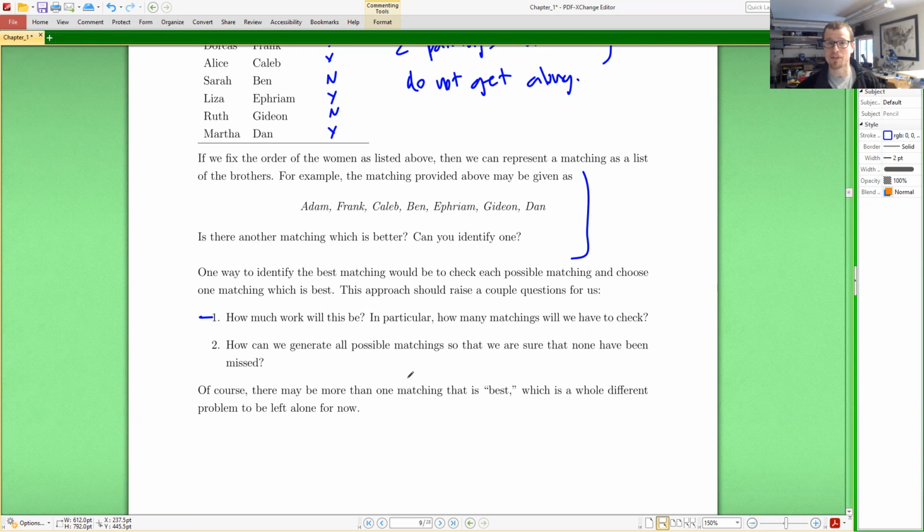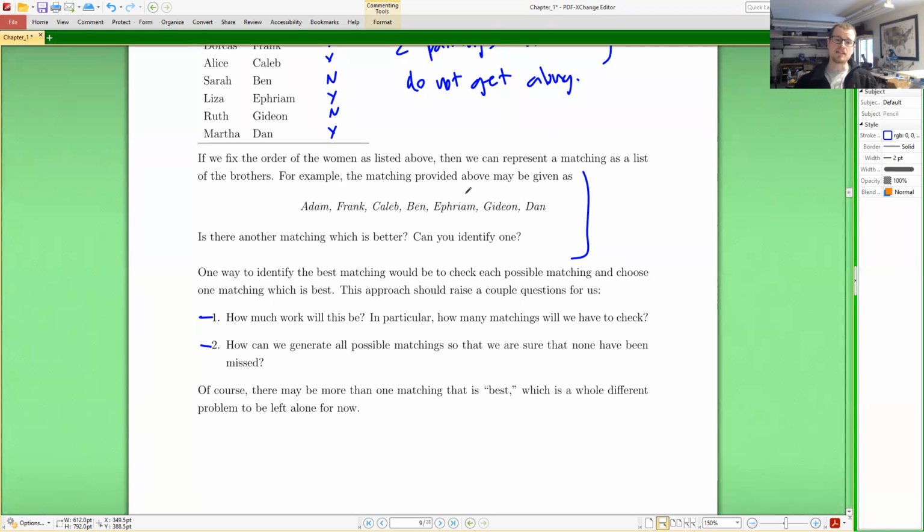It's 7 people. That's a lot of people. Or 14 people that I'm pairing, 7 pairings. And then how can we generate all possible matchings just so that there are none that have been missed? Again, how do I know I've done them all?